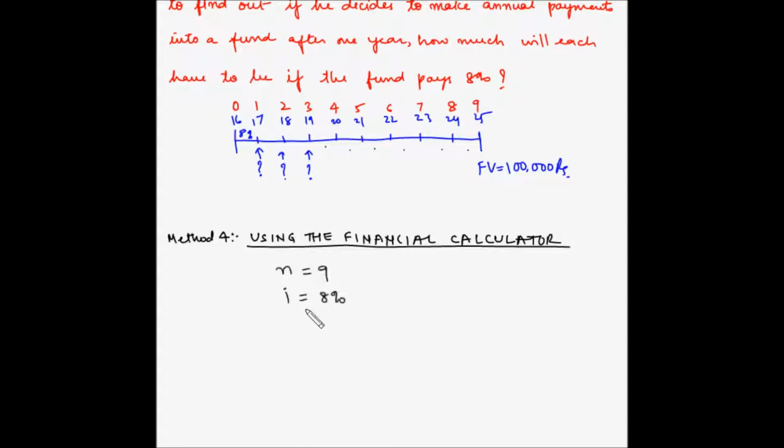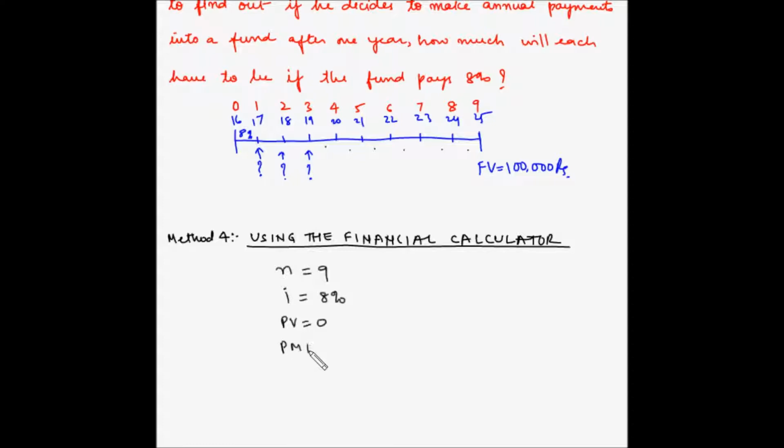Now, typically, while using a formula, we converted I into rate of interest divided by 100. So we were using 0.08. However, while using a financial calculator, we should enter the value as 8. Next is the present value, which in our case is 0.